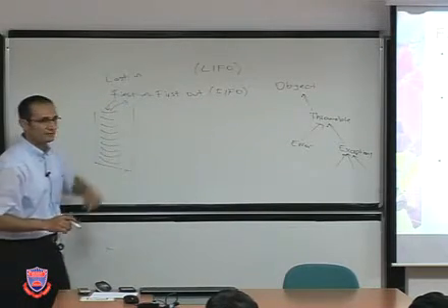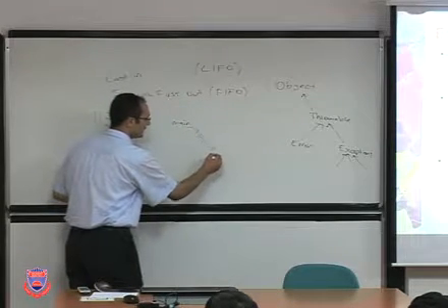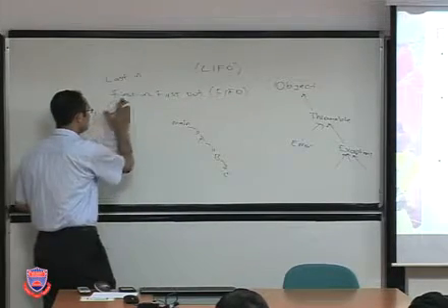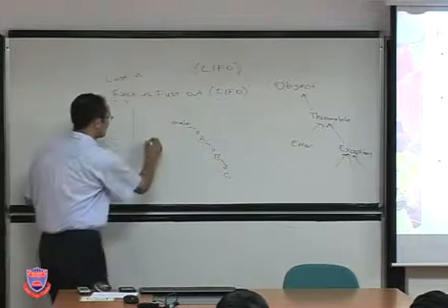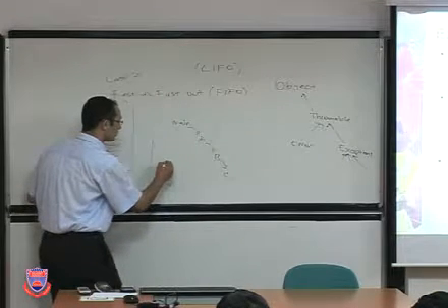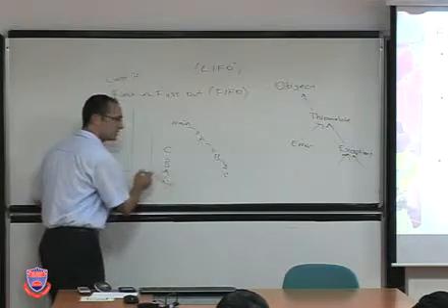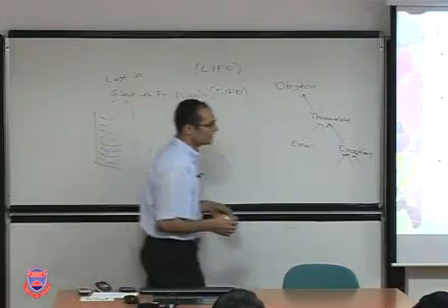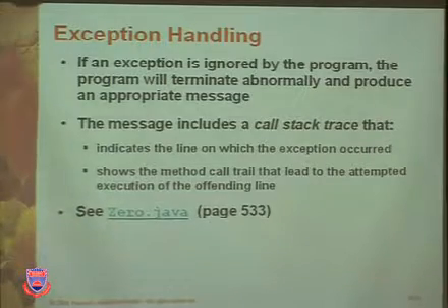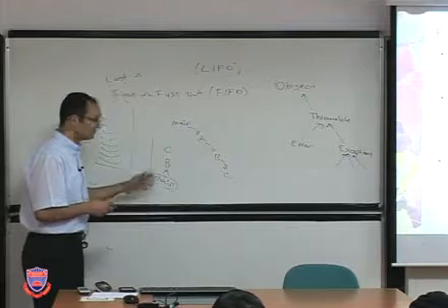So in a call stack, what we mean is that, let's say you have a main method, and then that calls method A, and then that calls method B, and then that calls method C. What happens is that in the call stack, you're going to basically have a stack of method calls, like the plates. You will have the main at the bottom, which calls A, which calls B, and then which calls C. So it's going to basically pop each method until it reaches the main method, and it will print all those required messages to indicate the call stack, showing which methods were part of this exception.